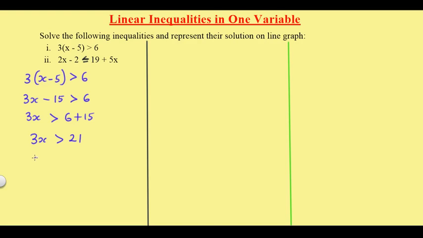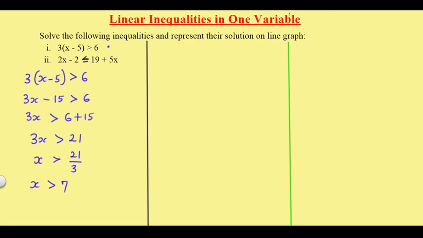So x will be greater than 21 divided by 3, x greater than 7. So what does this mean? It means the value of x that will satisfy this statement must be greater than 7.